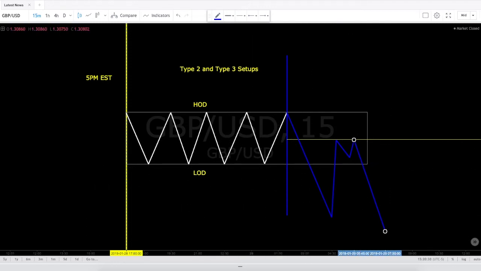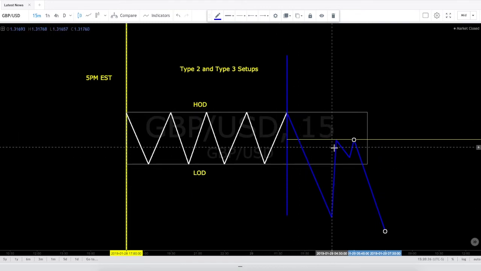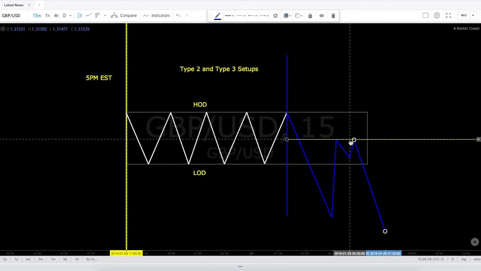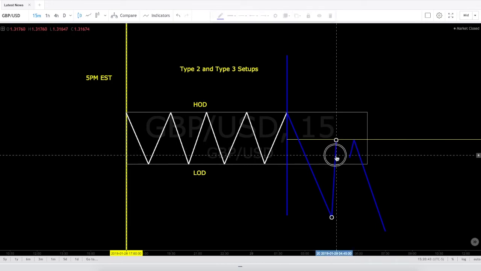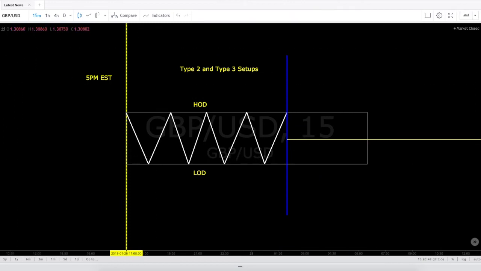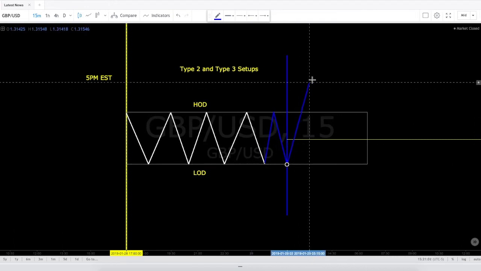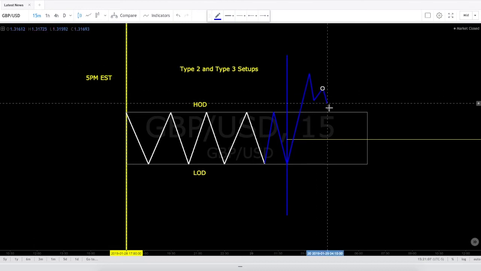So just keep that in mind, that if the initial price goes down, but the actual pattern develops in the middle of the range, it's a type 3 setup. All right, so that's really important for you to understand, that those things could happen. Same thing if we were talking about the other way around here. So let's say that something like this were to happen. Price moves all the way back up, comes down like this.